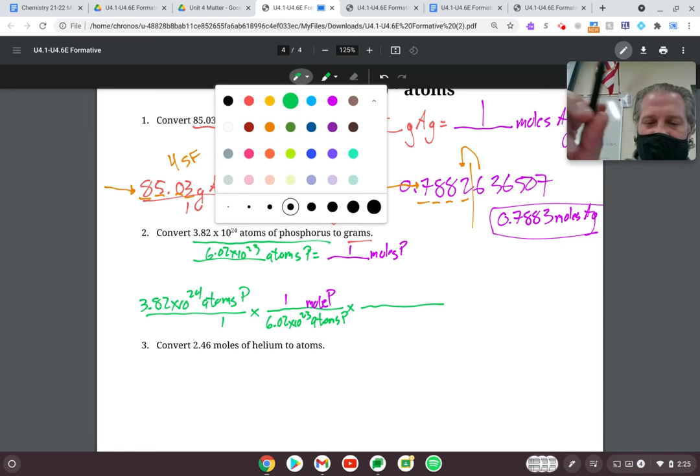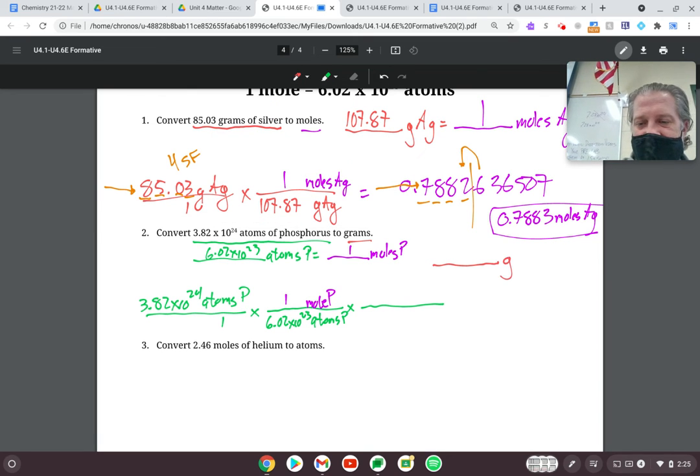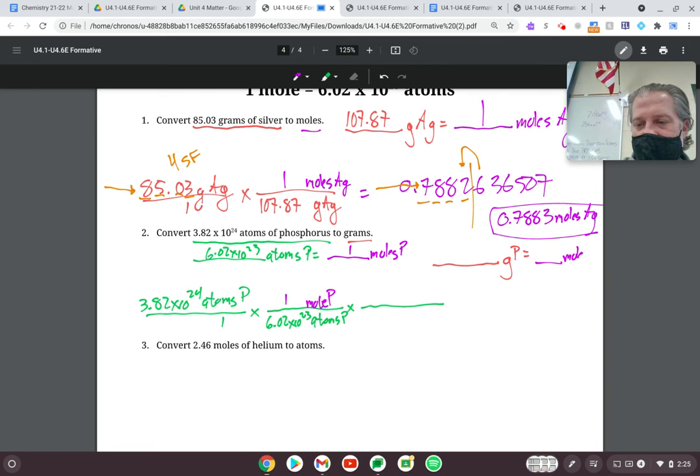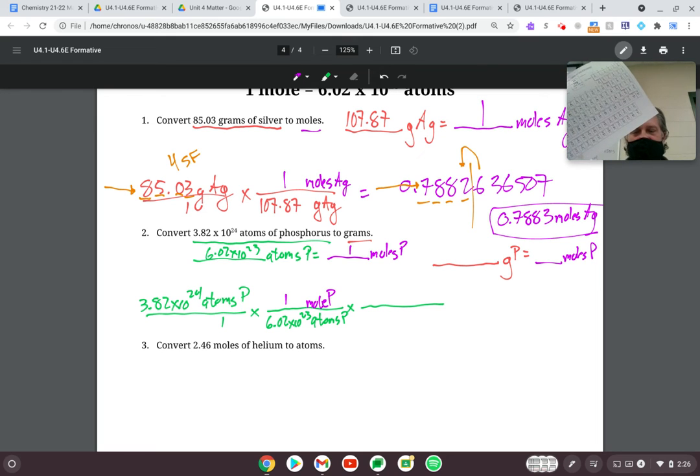I know I'm going to go from atoms of phosphorus to moles of phosphorus and moles of phosphorus to mass of phosphorus. So I'm looking for grams of phosphorus, the relationship between grams of phosphorus and moles of phosphorus. And I look at the periodic table again because we know that the average atomic mass of the element on the periodic table is equal to 1 mole.